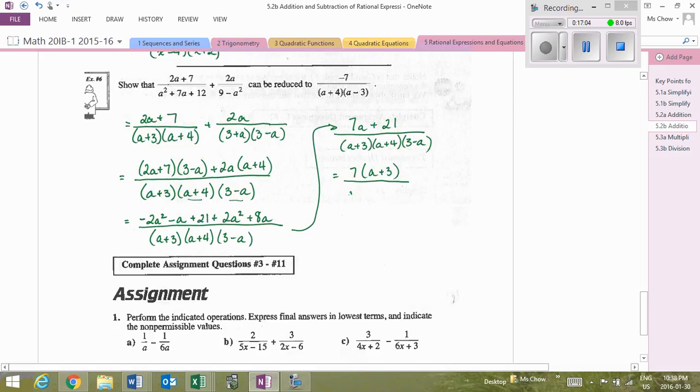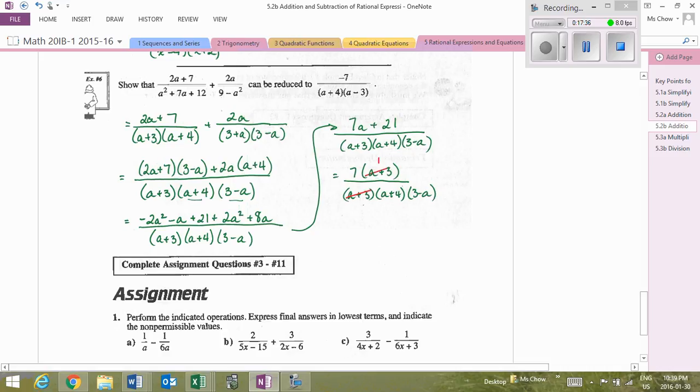And then we're looking at a plus 3 and a plus 4 and 3 minus a, and so of course the a plus 3's can cancel out, and so then we're just left with 7 over a plus 4 and 3 minus a. But of course they're saying that it can be reduced to negative 7 over, and that's because they factored out the negative 1 from the 3 minus a, making it a minus 3, and they've moved that negative to the numerator.